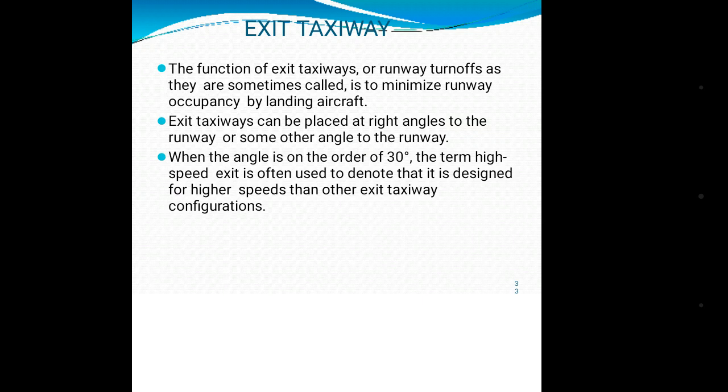These exit taxiways can be placed at right angles to the runway or at some other angle to the runway. When the angle is of the order of 30 degrees, the term high speed exit is often used to denote that it is designed for higher speed than other exit taxiway configurations. So once again remember this: the main function of exit taxiways is to minimize the runway occupancy by the landing aircraft.